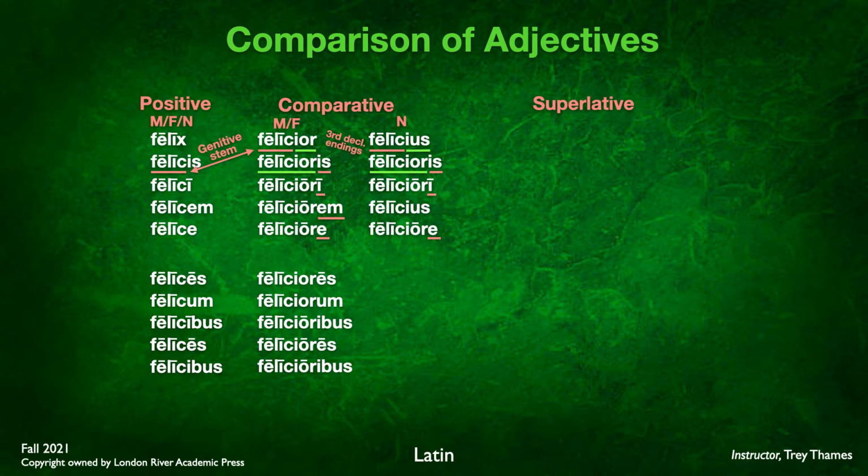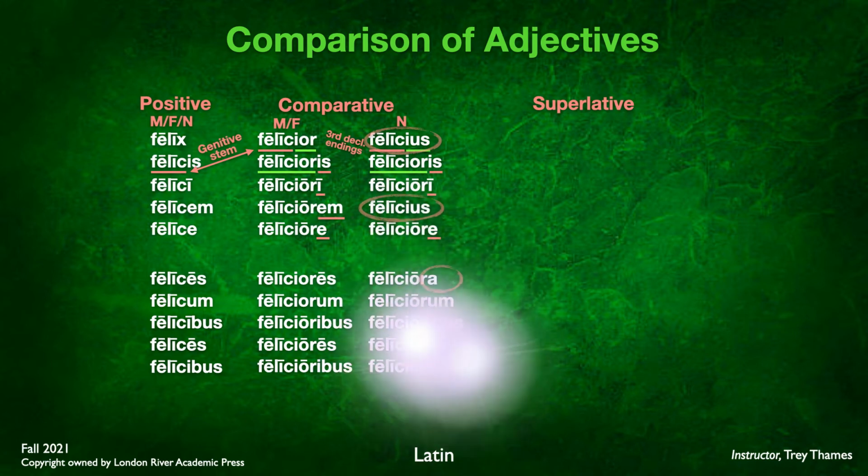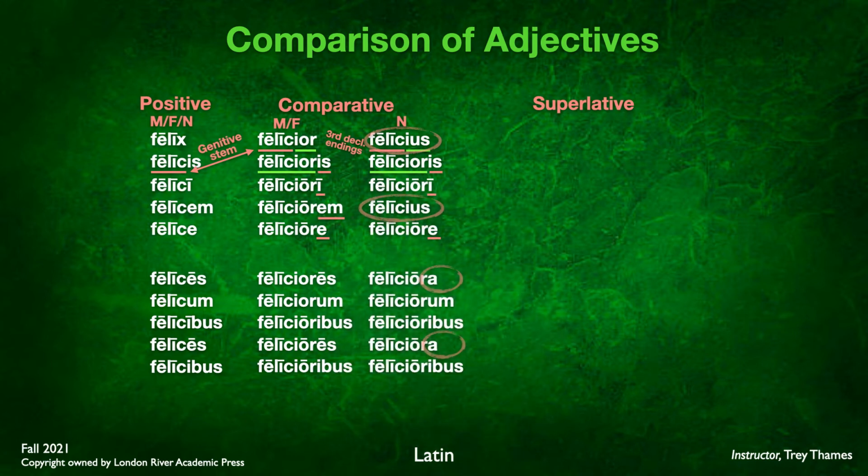Again, this is neuter, so we don't use -em as our ending in the accusative singular. We have that neuter rule. Whatever's in the nominative will also be accusative. So it's felicius, just like it is in the nominative. But the rest all have the third declension neuter endings. Of course, don't forget -a in the nominative and in the accusative plural. So felicior-a. All right, so that's the comparative.